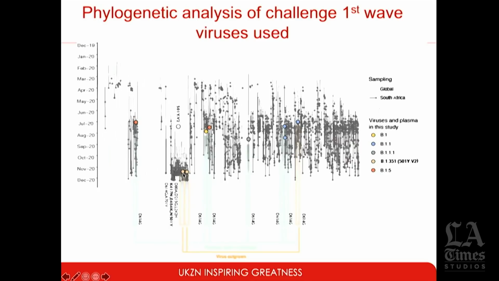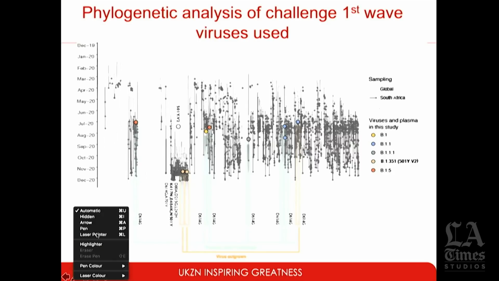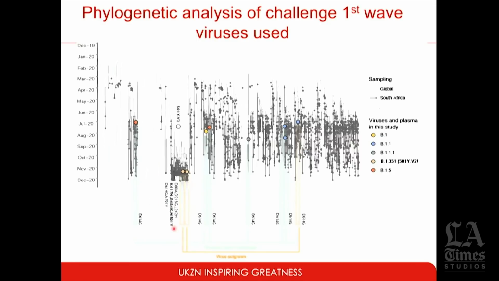Yeah. And here, what I'm marking in orange is the virus that we gave to Alex Sigal, which he grew in the lab. And this virus has all these mutations in the receptor binding domain. And here is another virus that he collected from the first wave back in July, which is also growing in the lab.